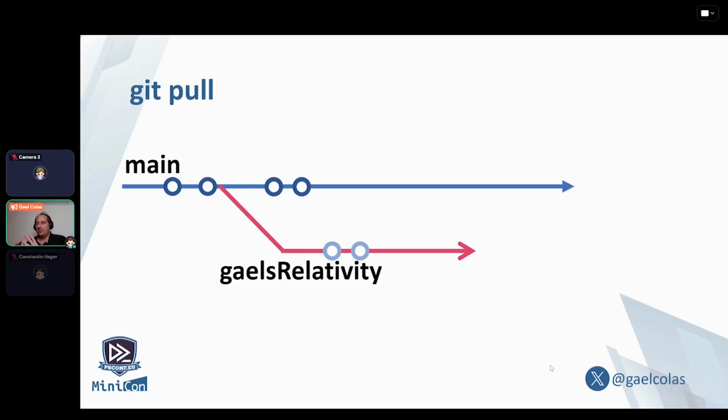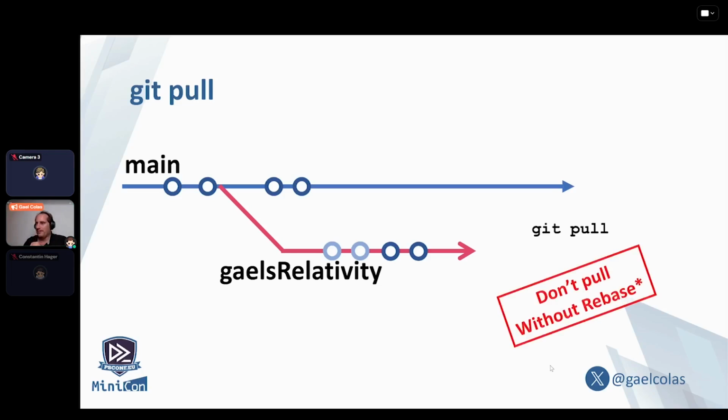And when you want to pull the changes that come from a branch to your branch, you pull them. But the default of pull, when you have not configured your Git, and maybe you configure it locally in your repository, or the best, as I recommend, is to do it in the global configuration in your systems. By default, it would just add the things after your changes, the default Git pull.